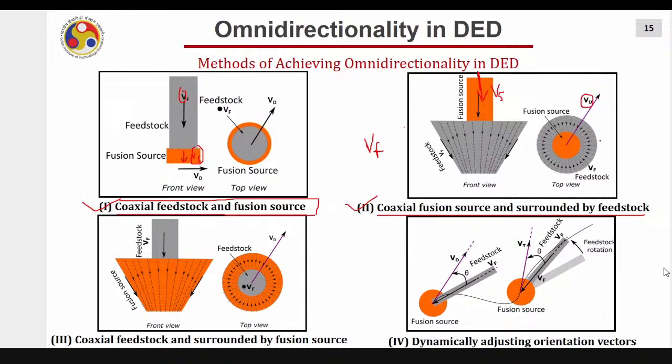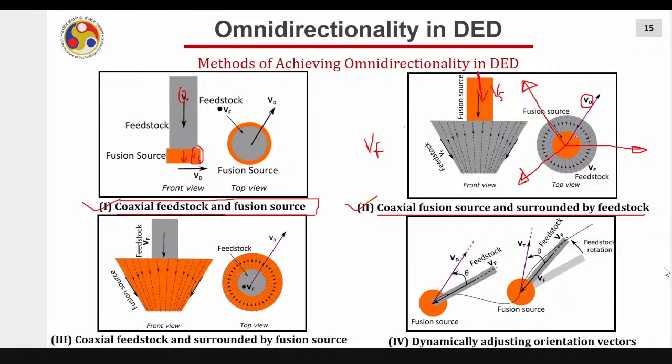Assume that you are taking pictures. Vd is in this direction when you took a picture. You took another picture and Vd looks like this. And in another picture Vd looks like this. So at any point of time, the scenario is the same. The angle between Vd and Vs is the same. It is always perpendicular, 90 degrees. And the cone of Vf is symmetric everywhere. The scenario is the same, right?